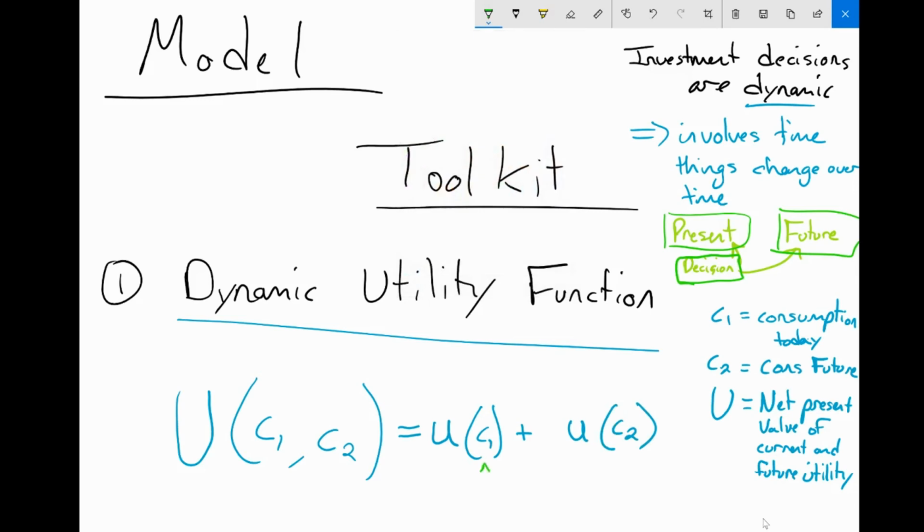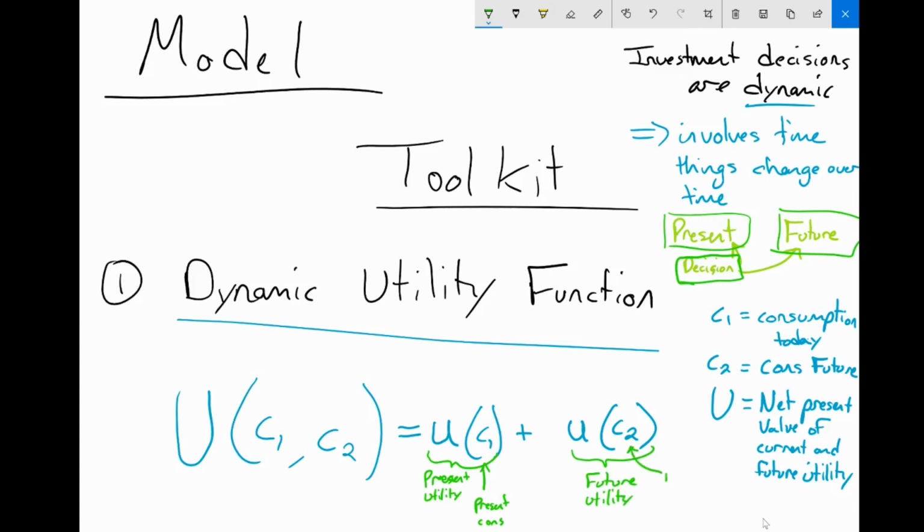Okay, so this is current consumption. So this is present consumption. This whole term is present utility. Okay. This whole term here is future utility in the abstract, future utility.